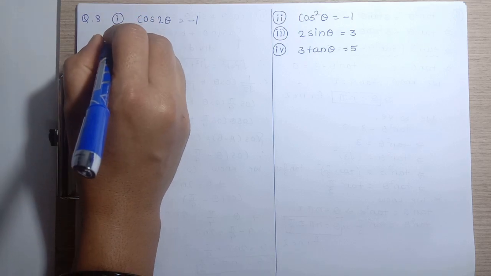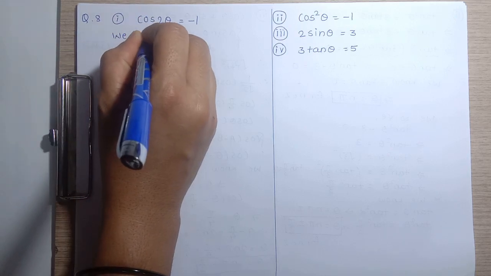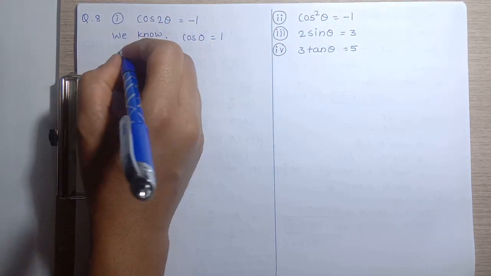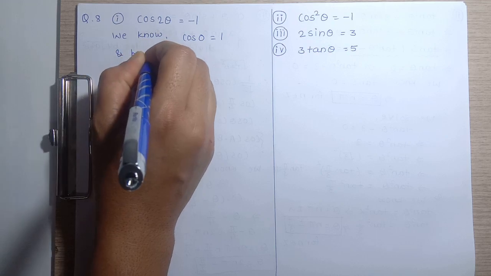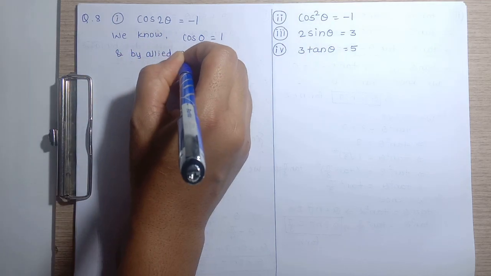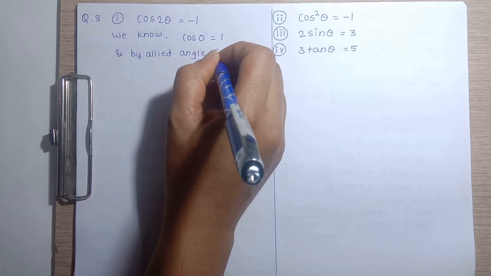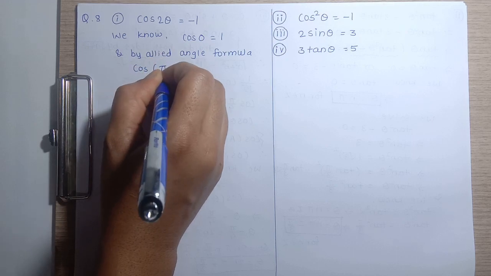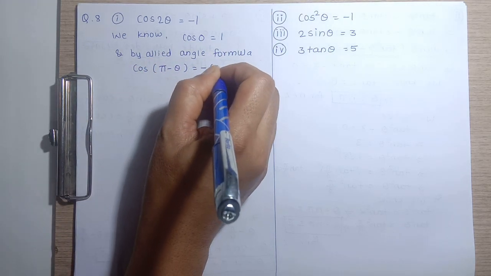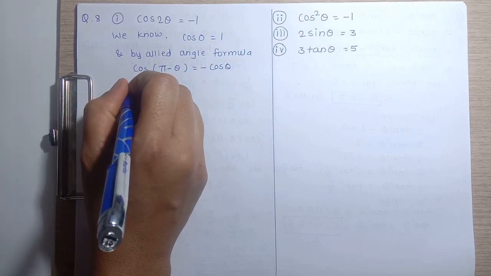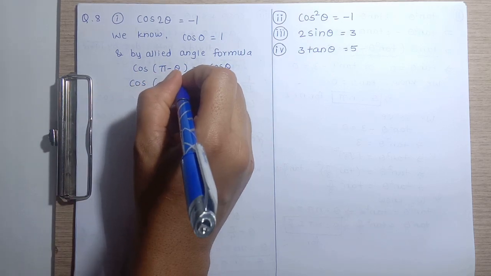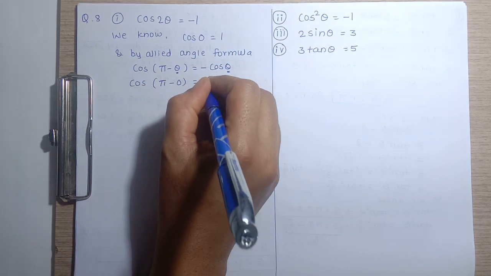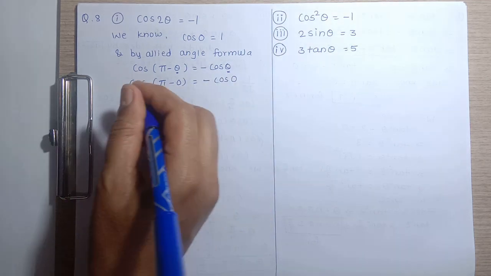Okay, if we consider here, we know that cos of 0 is equal to 1. Okay, and by allied angle formula, that cos of pi minus theta is equal to minus cos theta, if we replace this theta by 0, here we get cos of pi minus 0 is equal to minus cos 0.